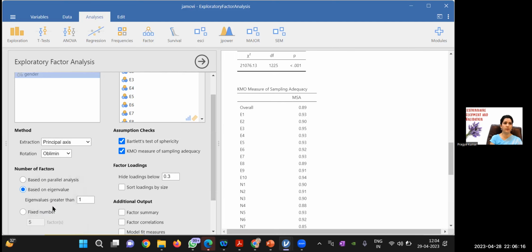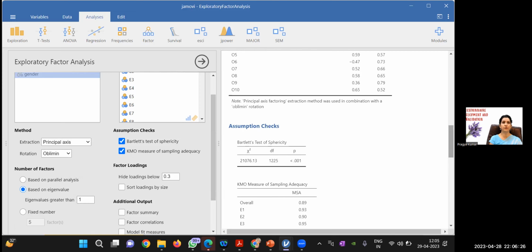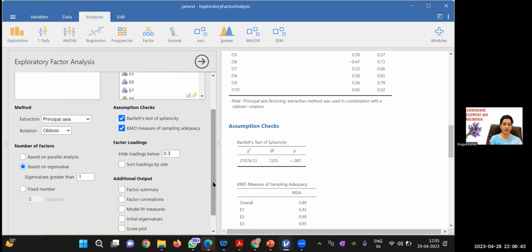I'm using Oblimin because the 2 authors suggested that if the correlation is more than 0.3, then you should go with Oblimin. So in my case, all the correlations were good, and I took the decision to go with Oblimin.